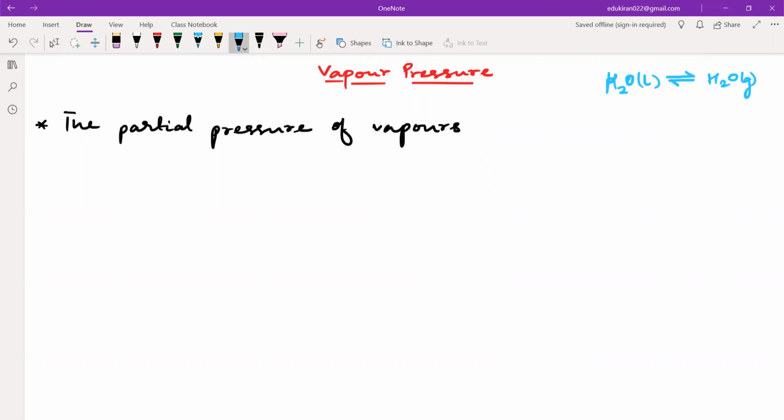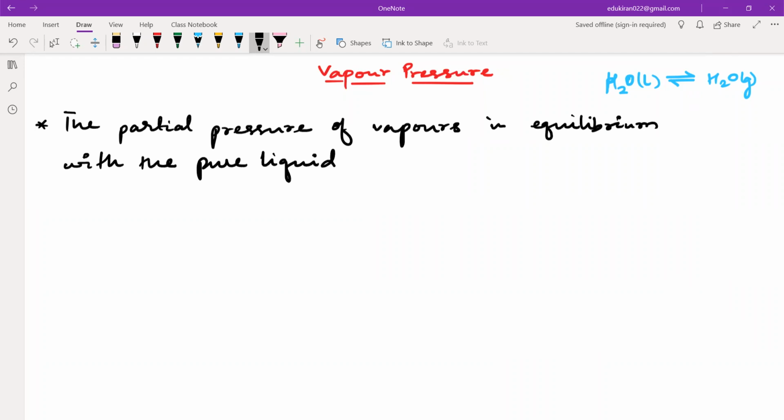Both of these are in equilibrium. So it is the partial pressure of vapors that is in equilibrium with the pure liquid at a given temperature.